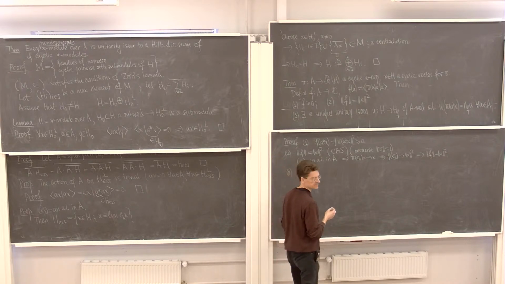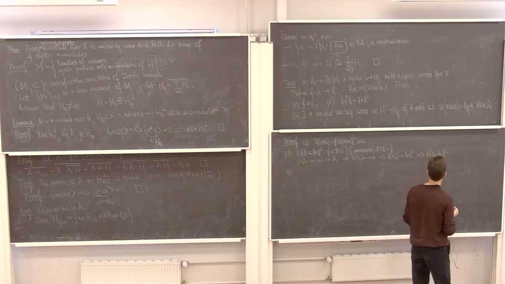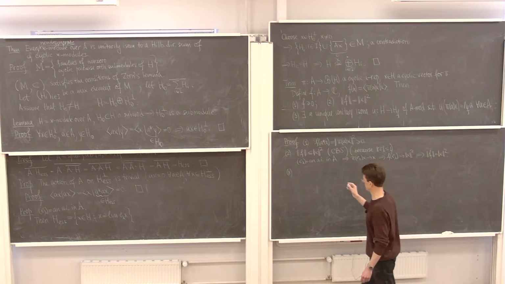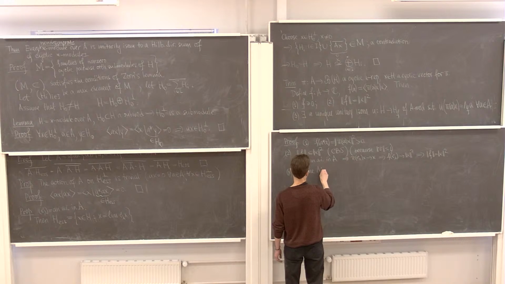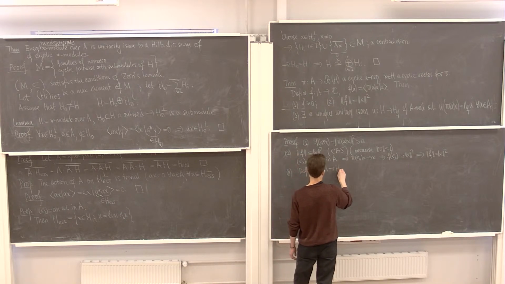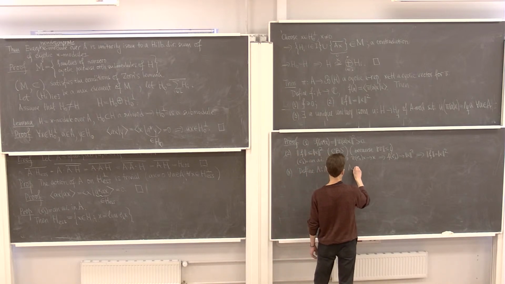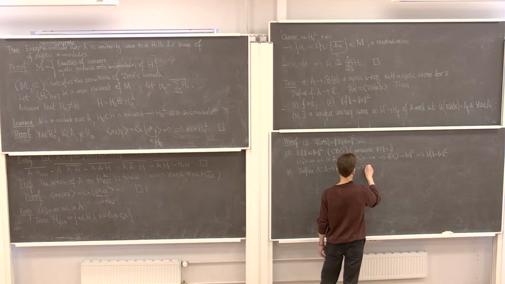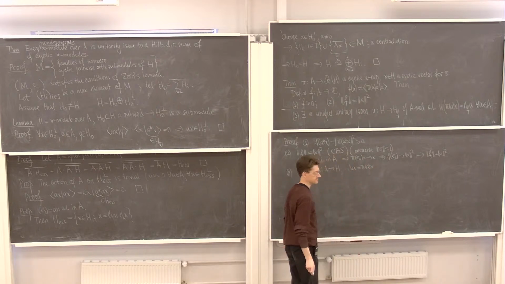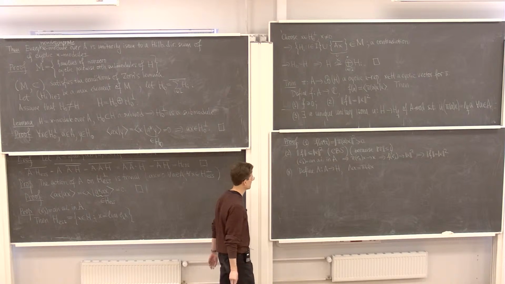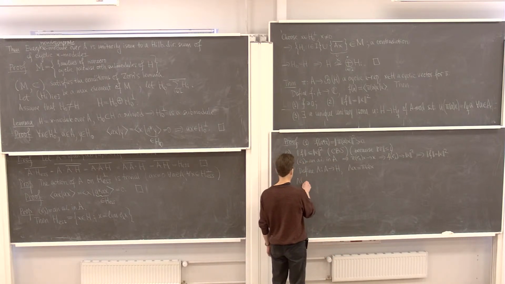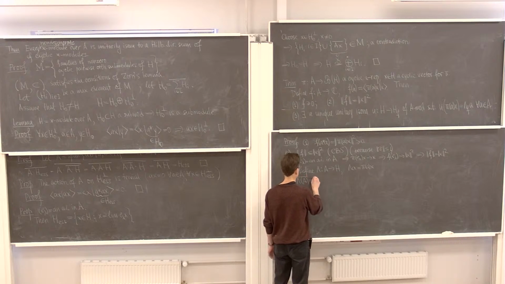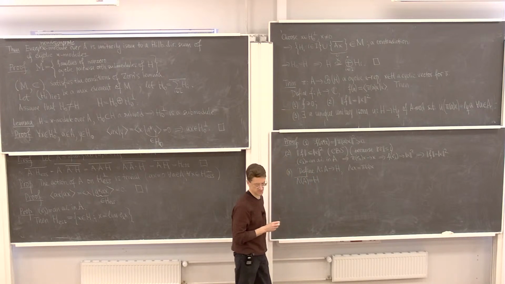Finally, part 3. To prove part 3, we define a linear map, lambda, from A to H, as follows. It takes little a to pi of a applied to x. Then this map has dense range, because x was a cyclic vector.